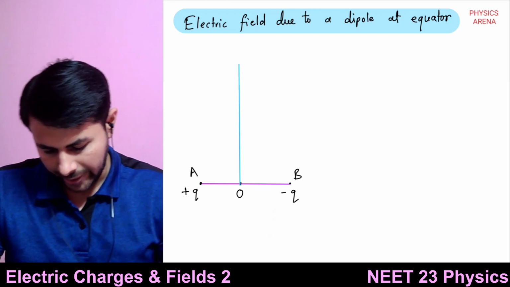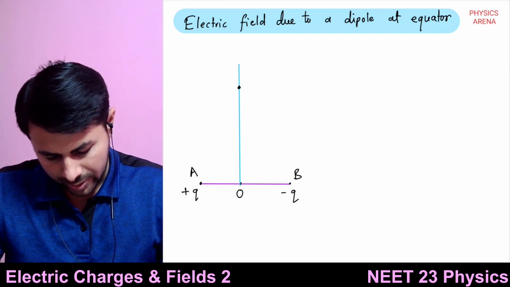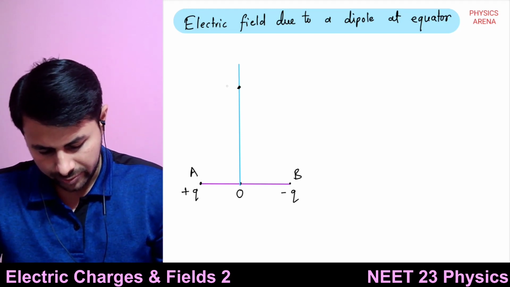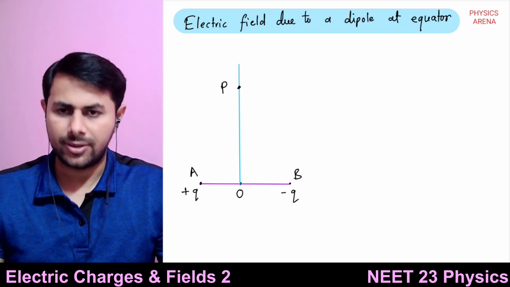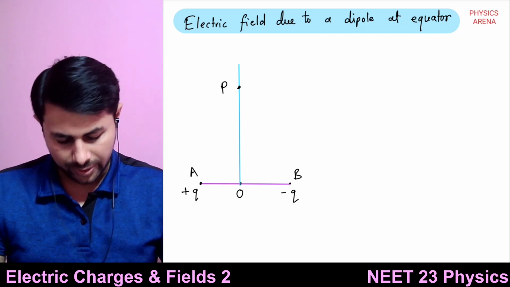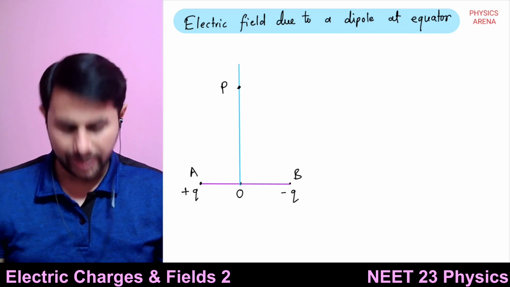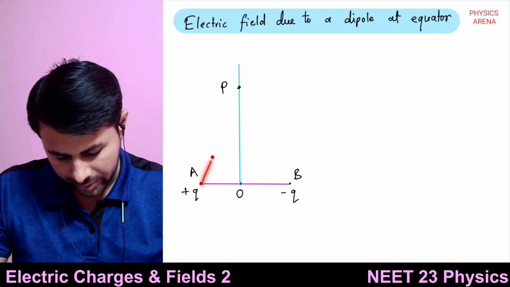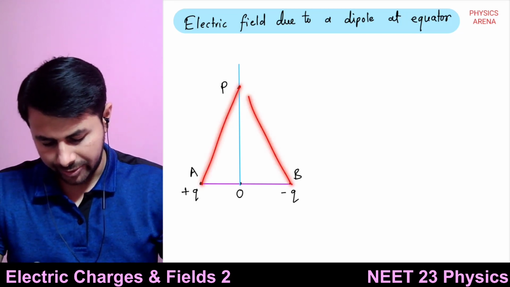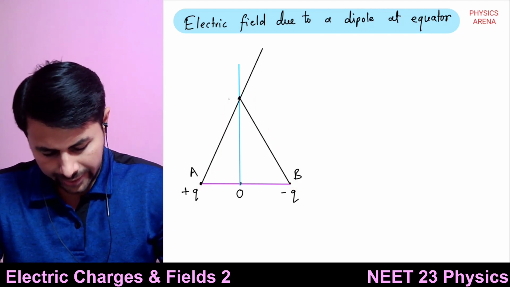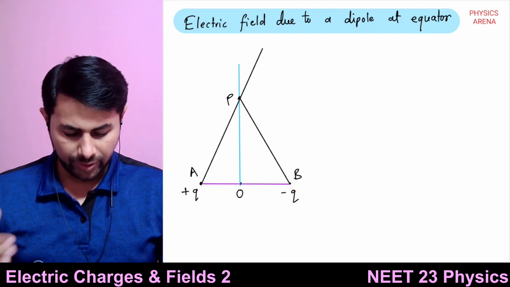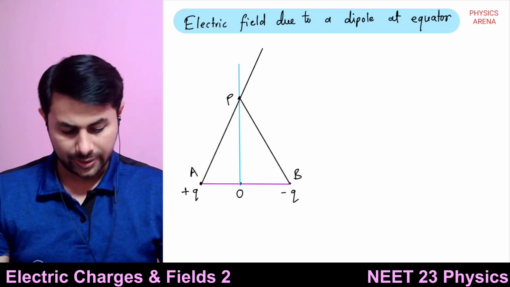So this is point P where I want to find the electric field due to this dipole. We'll join point P with the positive and negative charges. The electric field due to the positive charge will be directed radially outwards.